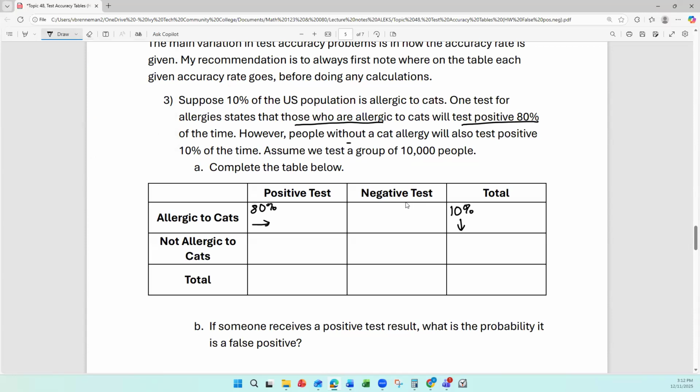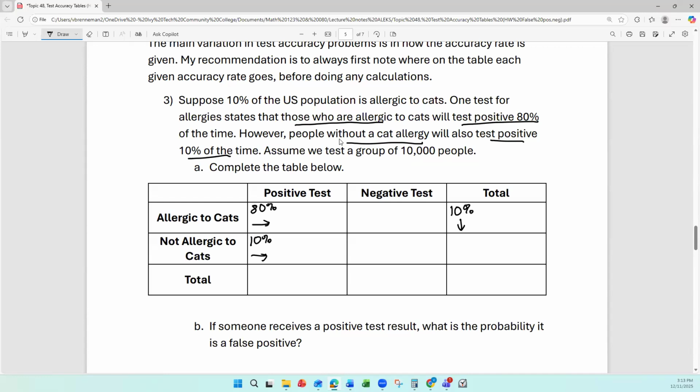And then people without a cat allergy will test positive 10% of the time. So that's the not allergic positive test, and again, that is of that row total. So the accuracy rates can be different for those who have and those who don't have the thing being tested for.